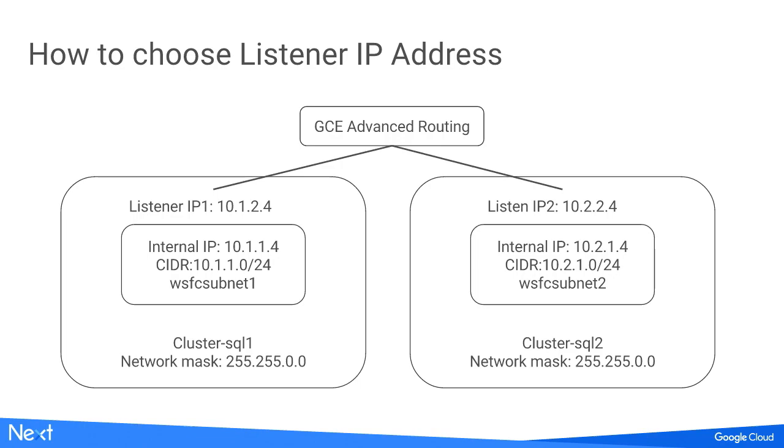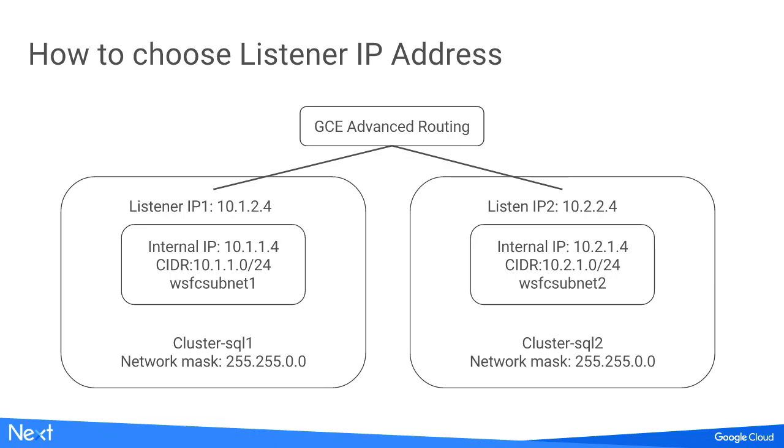So they are both /16 subnetworks, which is also a superset of the GCE subnetwork view. When we pick a listener IP, we just need to pick an IP address which is outside of the GCE subnetwork range, but inside the VM subnetwork mask view.